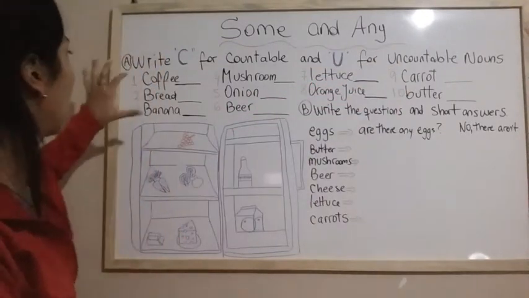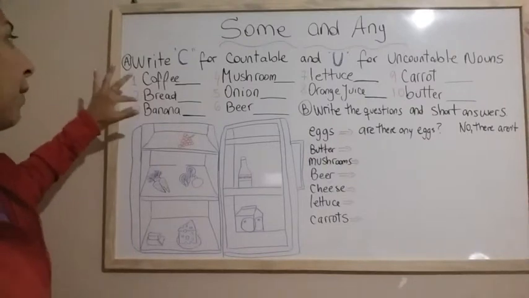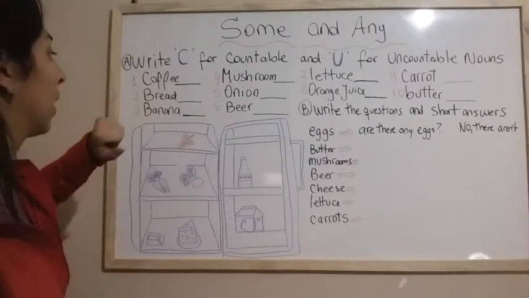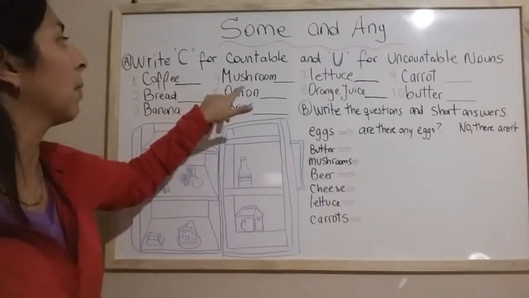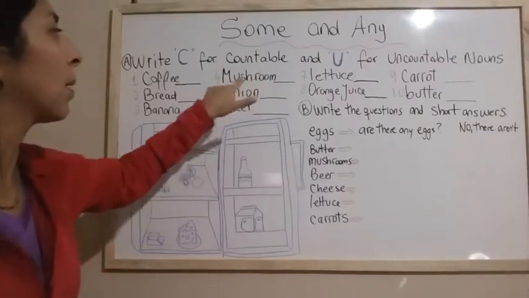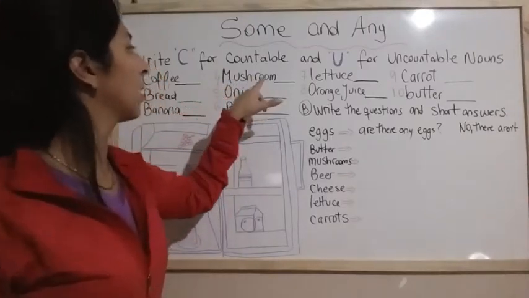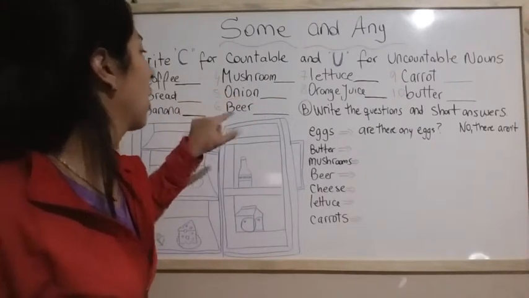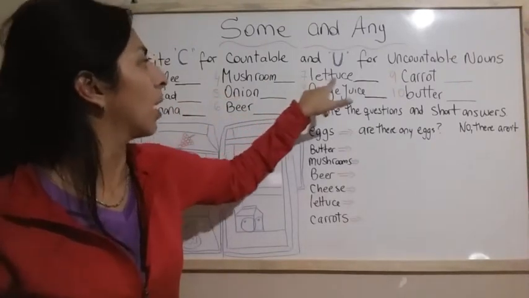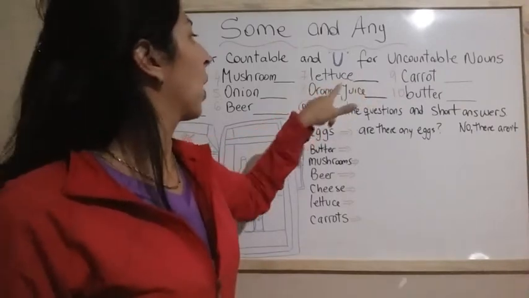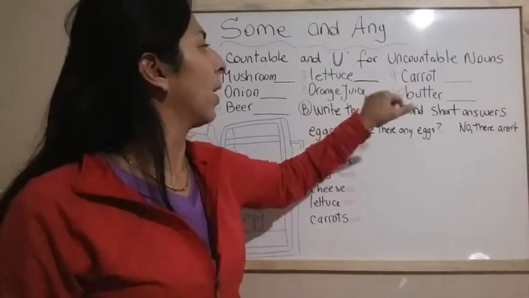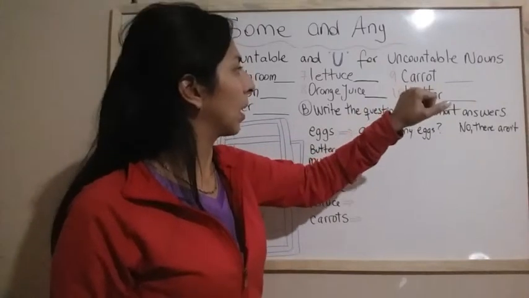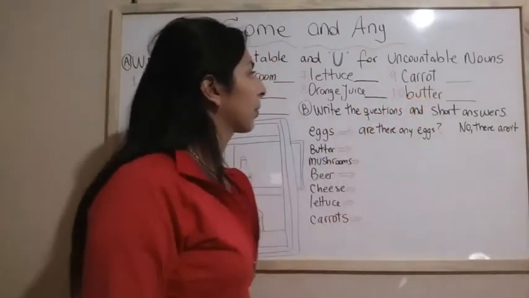We have coffee, el café, bread, el pan, banana, la banana, mushroom. Do you remember mushroom? Mushroom is los hongos, onion, la cebolla, beer, la cerveza, lettuce, la lechuga, orange juice, jugo de naranja, carrot, la zanahoria, and butter, la manteca.